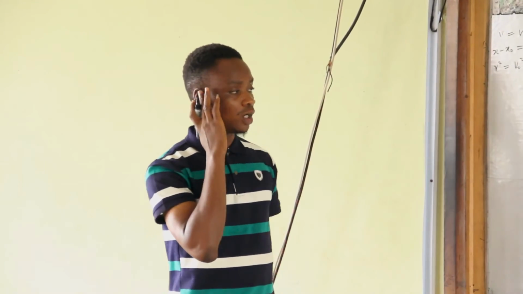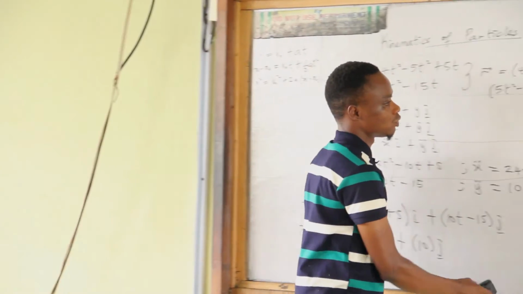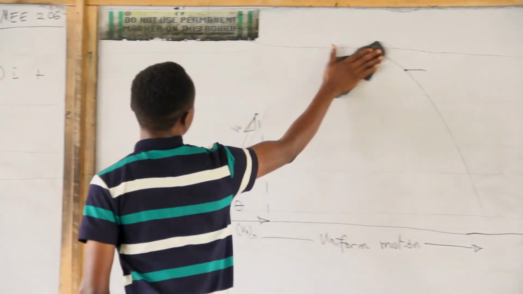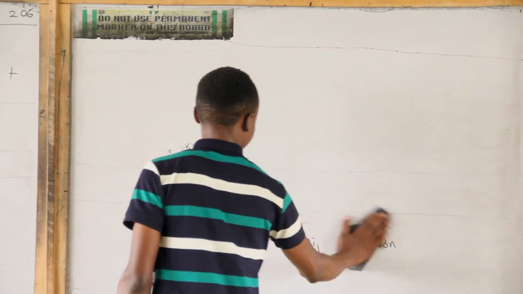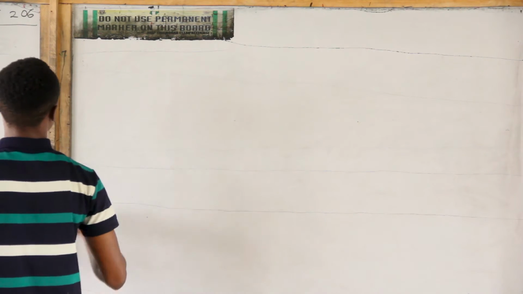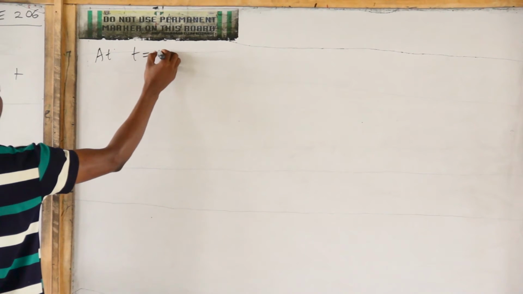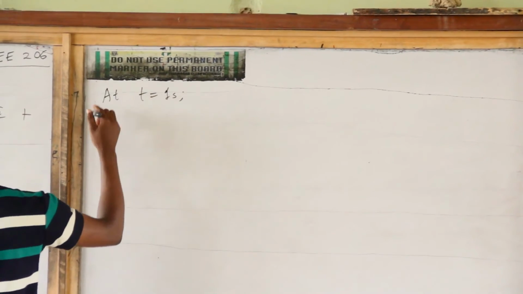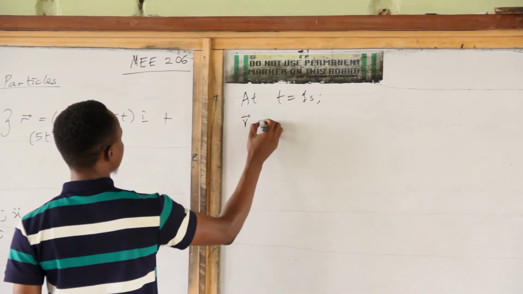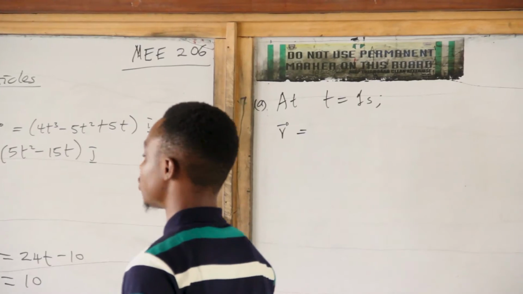Alright, so we're going to go. That means that at t equal to 1 second, just substitute 1 here. At t equal to 1 second, our velocity will be equal to, for the first part, let's put 1 here.